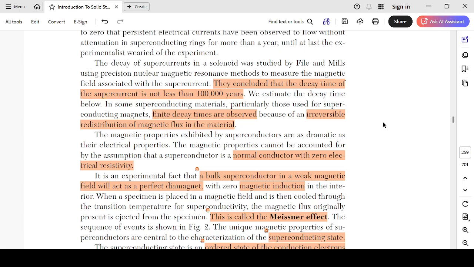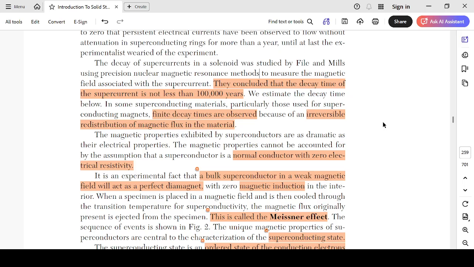Because when current flows through a material, we know that the flow of current is always accompanied by a magnetic field, and that magnetic field will redistribute the magnetic flux of the material.